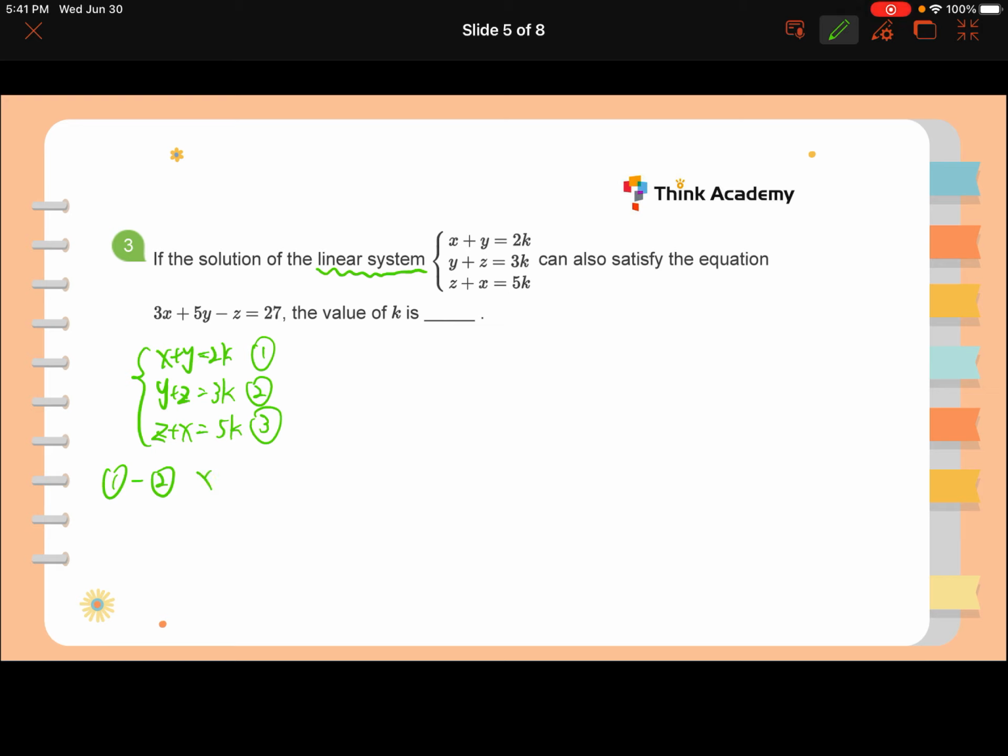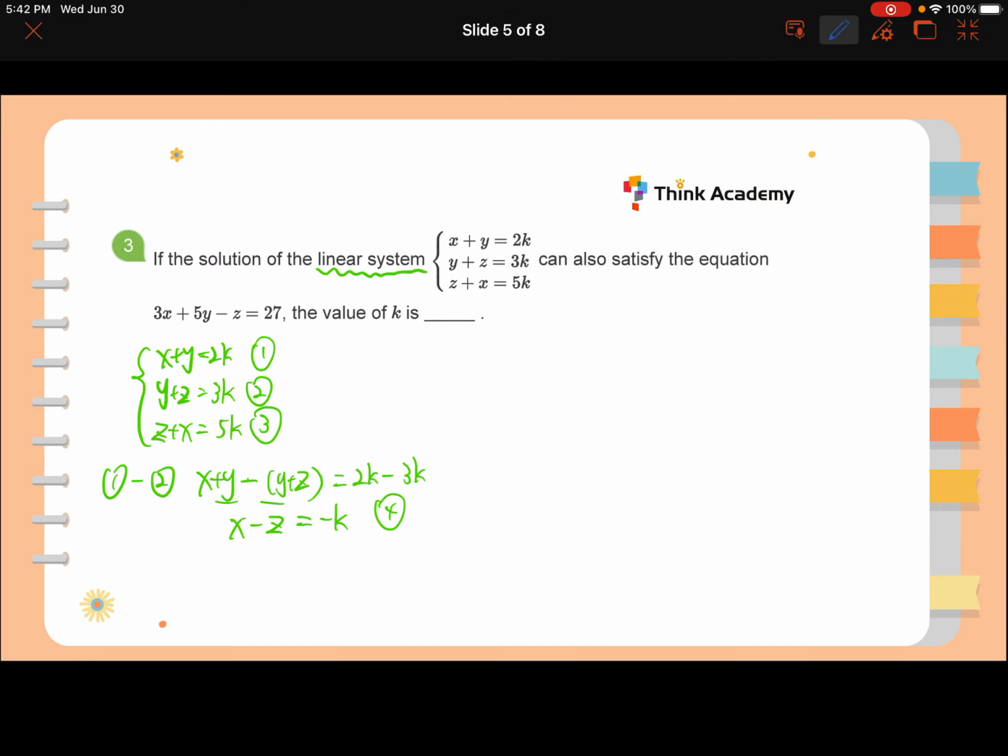On the left-hand side, we have x plus y minus y plus z, and on the right-hand side, we have 2k minus 3k. And the y will be cancelled out, so we are left with x minus z equals negative k. So that's the result if we use equation 1 to subtract equation 2. Then let's say the new equation is equation number 4.